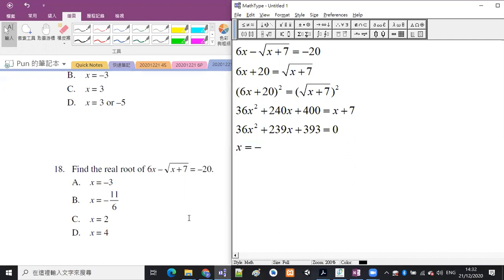So it should be equal to -3, or x should be equal to... no, it should be first x.